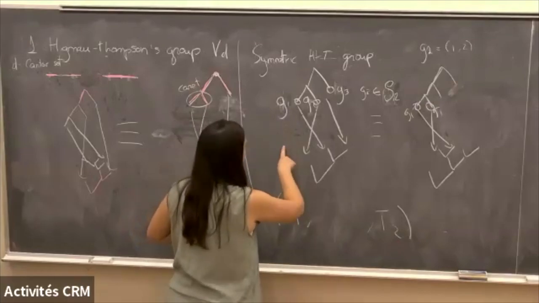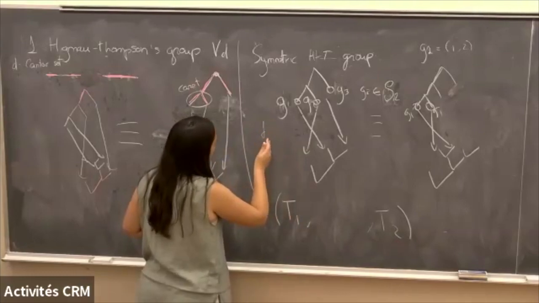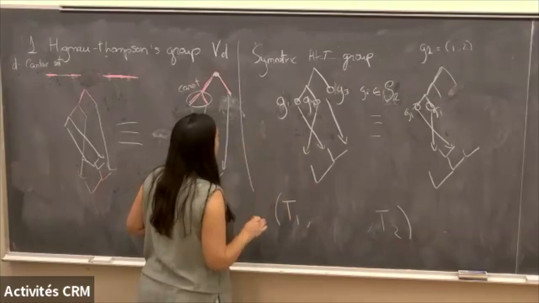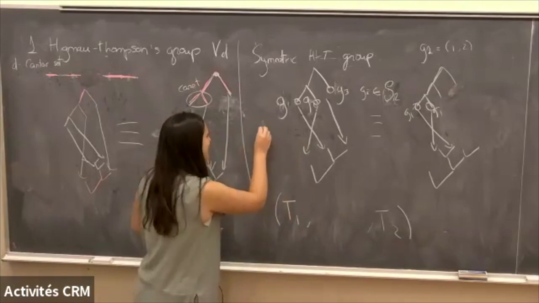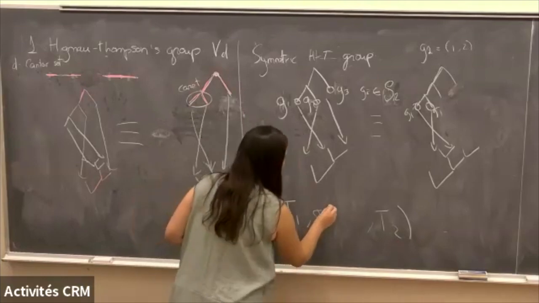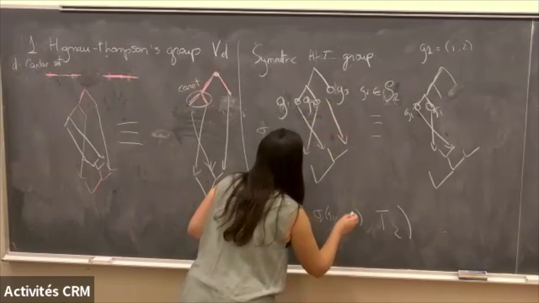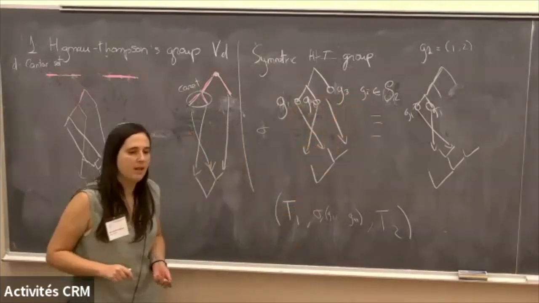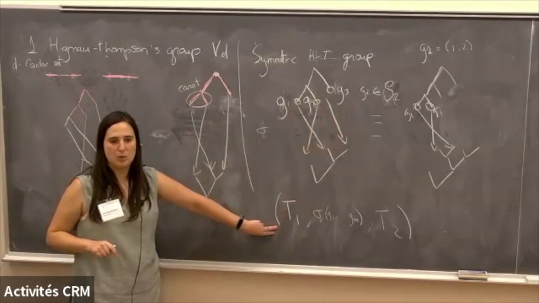The bijection is an element of the symmetric group that we can call sigma. And then you have a set of labels in each of the leaves. And this is how I represent an element in the symmetric Thompson group.